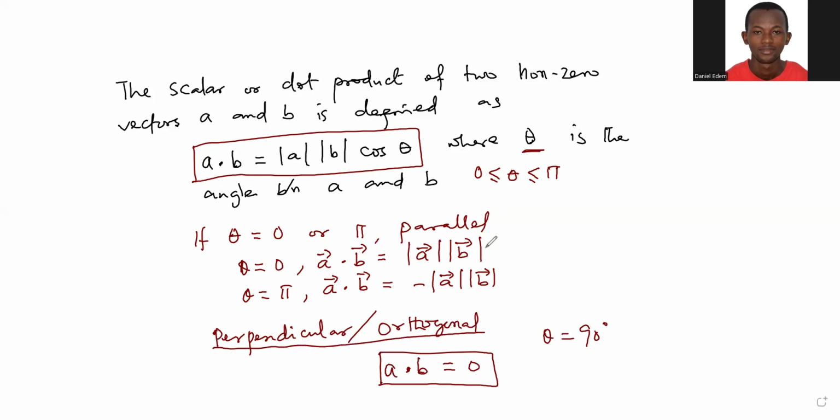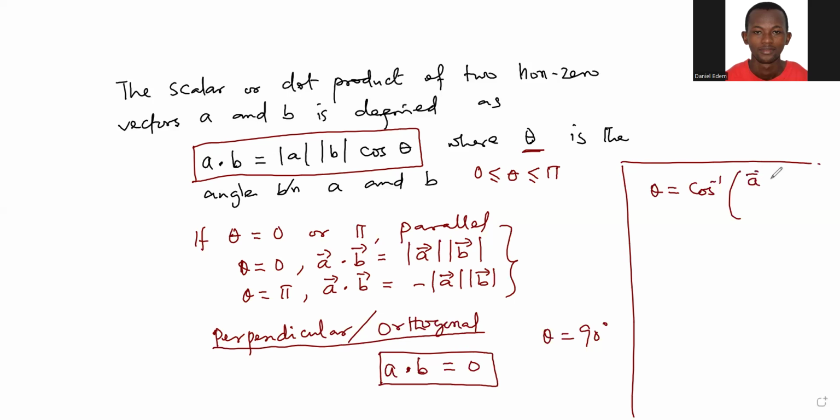But if it is parallel, this is what it is. All right. Now, if you are to find the angle formed between two vectors, then your theta will be the cos inverse of the dot product of those vectors divided by the product of the magnitudes of those vectors. So you take note of that.